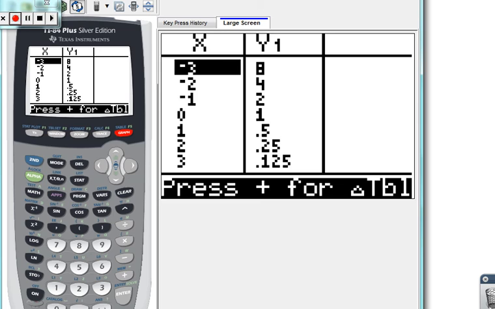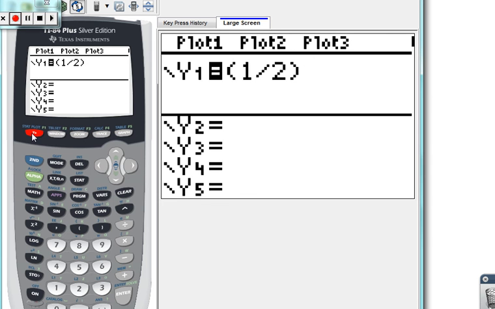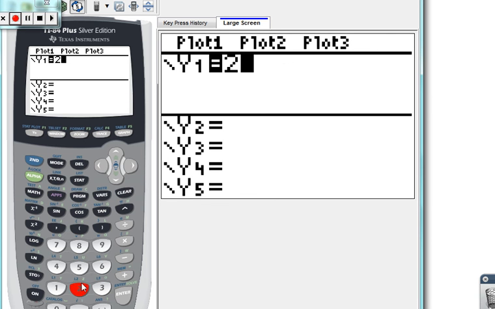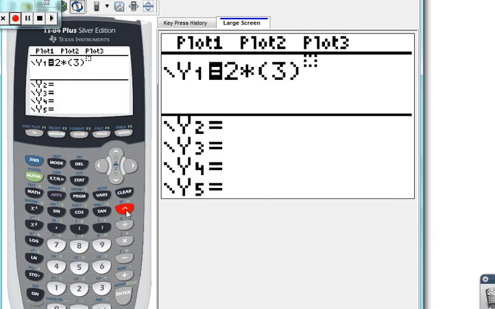So typing this into the calculator, y equals 2 times 3 to the x minus 2, arrow that cursor down. I don't need 2 x's though, plus 1.